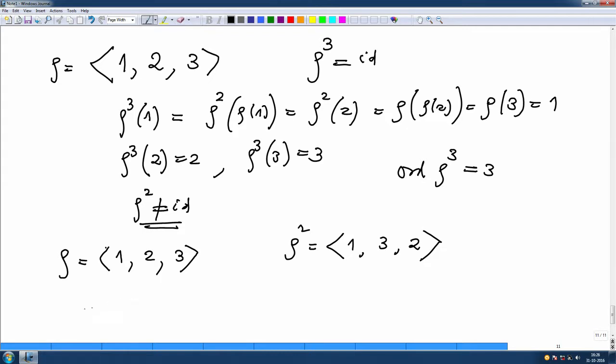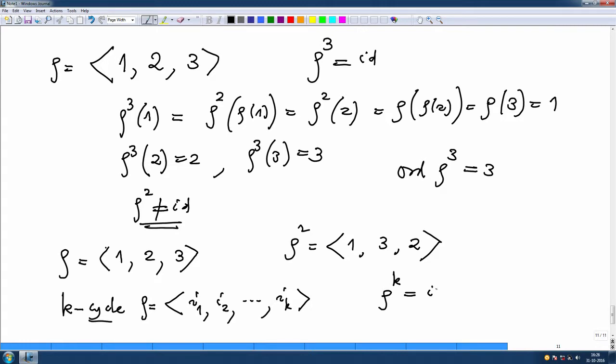So, in general, if I have a k-cycle (i1 i2 ... ik), where k-cycle means the cardinality of the support is k, and if this is rho, then rho power k is identity. This is what in general we have to check. And how do you check this? You just check that each of i1, i2, ..., ik is fixed, and others which do not appear here are automatically fixed under rho, therefore they are fixed under rho power k.